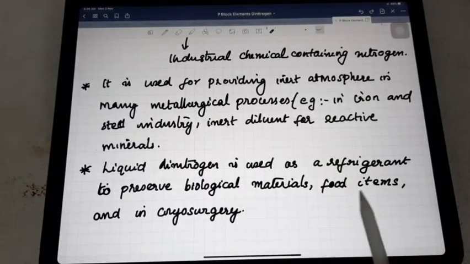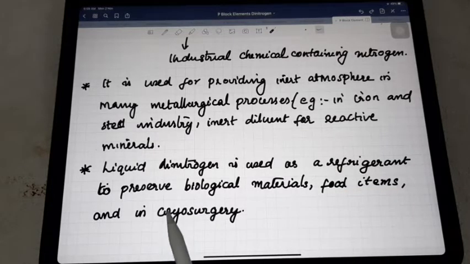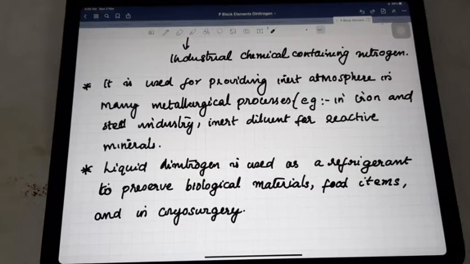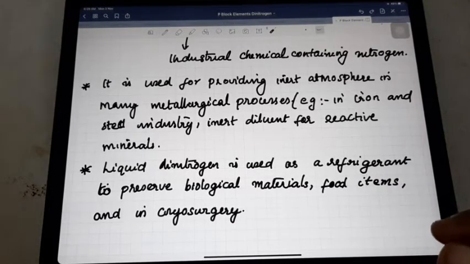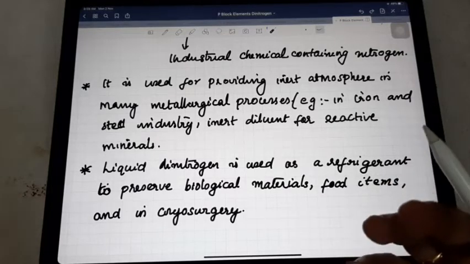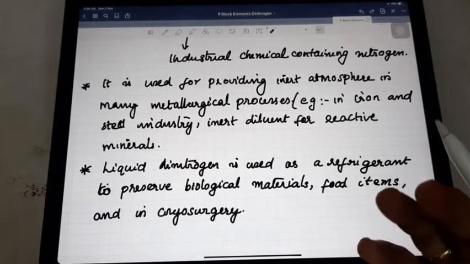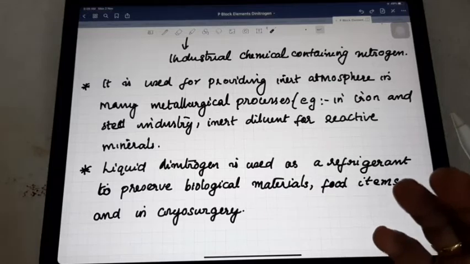Not only that, dinitrogen is also used in cryosurgery and as a refrigerant to preserve biological materials. What's the reason? Because it is inert at room temperature. But when temperature increases, that is the time there is a chance of undergoing chemical reactions.